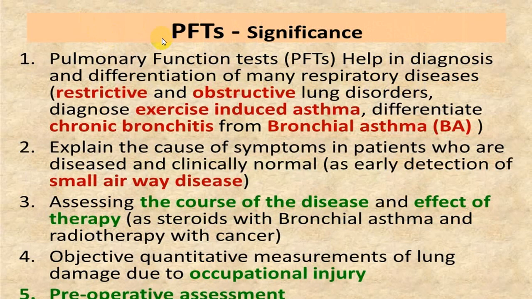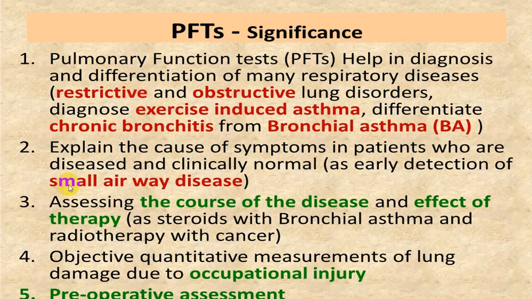We are interested in the pulmonary function test. The pulmonary function test will give you an idea regarding a restrictive disorder and an obstructive disorder. It will also help to find out exercise-induced asthma. It will help you to differentiate chronic bronchitis from bronchial asthma, because in bronchial asthma the PFT will be reversible, and exercise-induced asthma you can induce with exercise. You can also find out the severity of involvement in the restrictive and obstructive element.